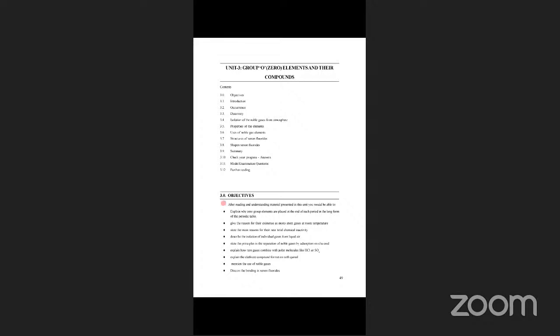Okay, after reading and understanding the material presented in this unit, you would be able to explain why 0 group elements are placed at the end of each period in the long form of the periodic table. You know that this is the s block, this is the d block, and this one is f.